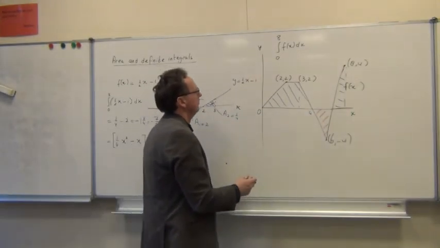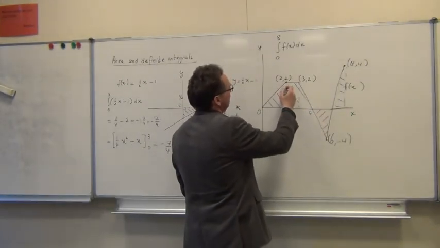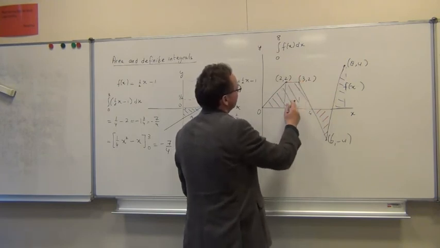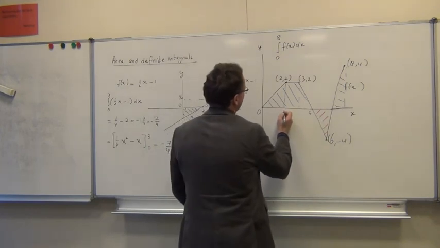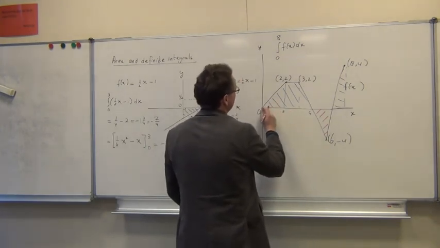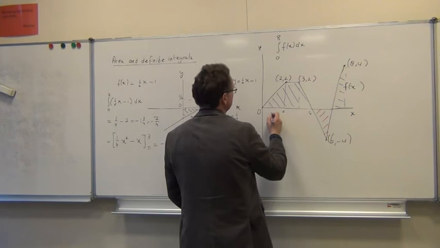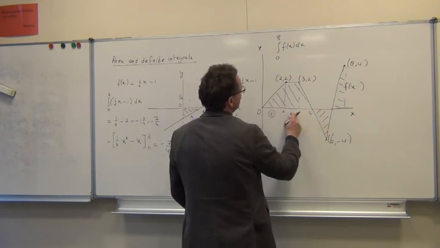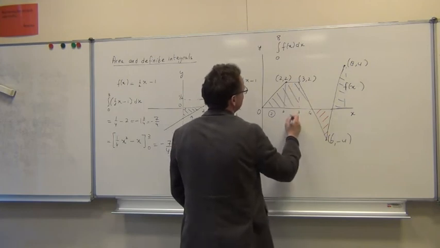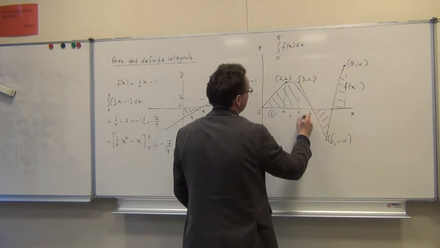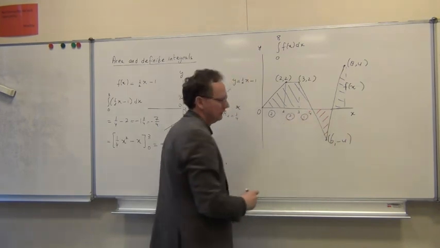So for example, we can divide it into two triangles and a rectangle. This triangle has area 2 times 2 divided by 2, so this is area 2. There's an area of 2 for the rectangle, and then 1 for the triangle.